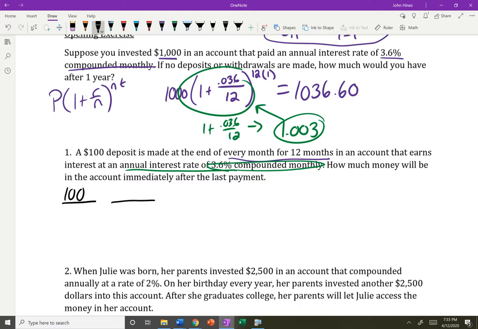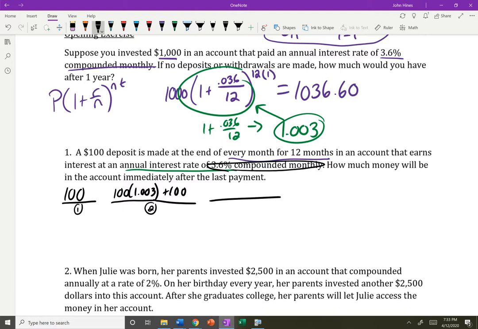Now another month goes by, and what happens? This month gains interest, but it's a new month, so I also have to add in $100. I took my money from the first month, gave it interest, and then added $100 to the account. What happens next month?